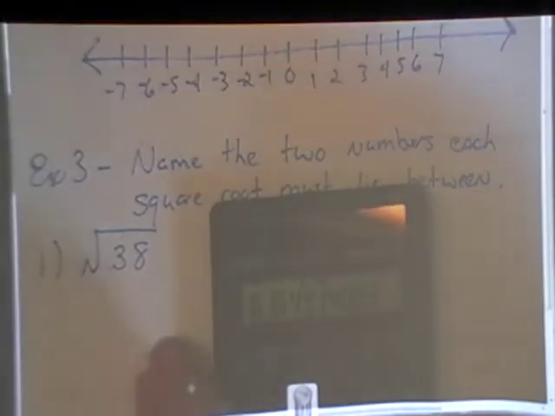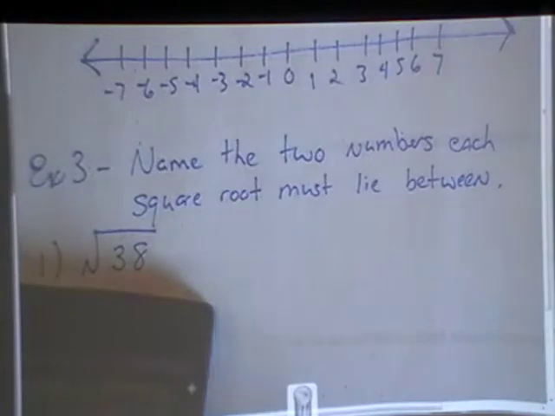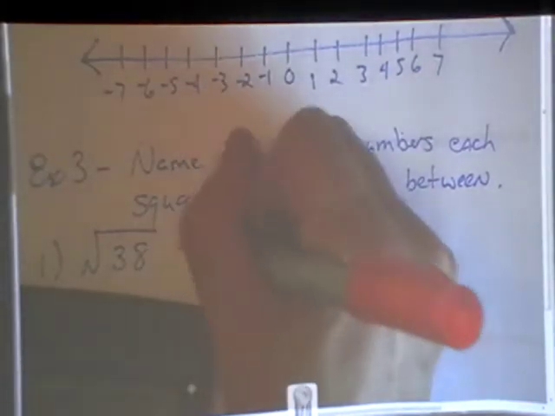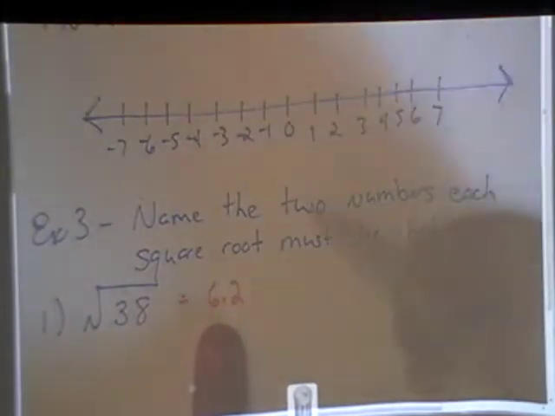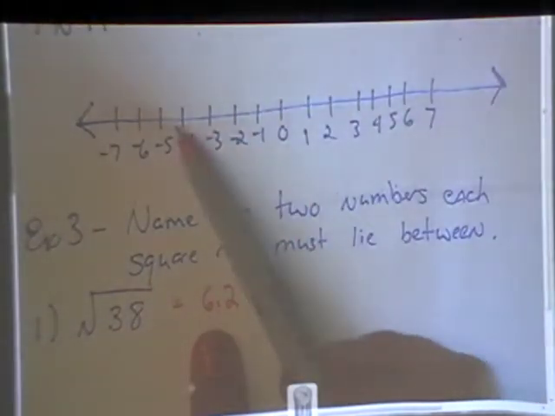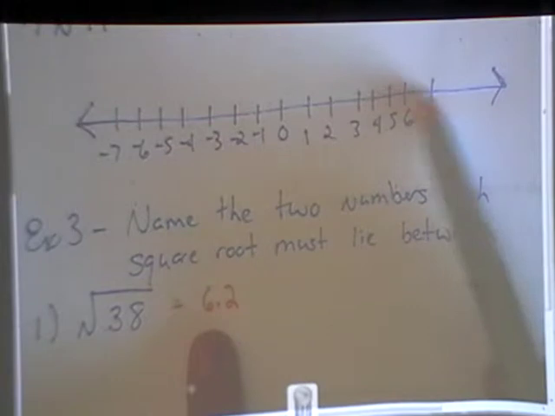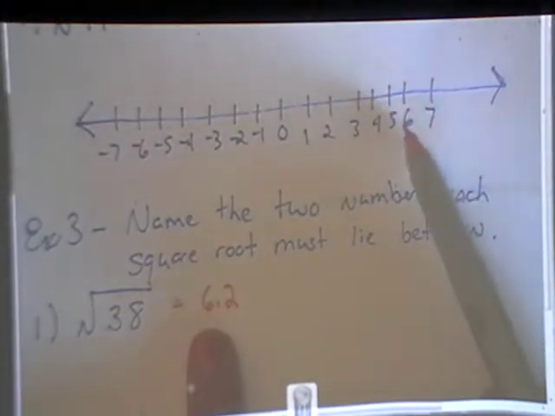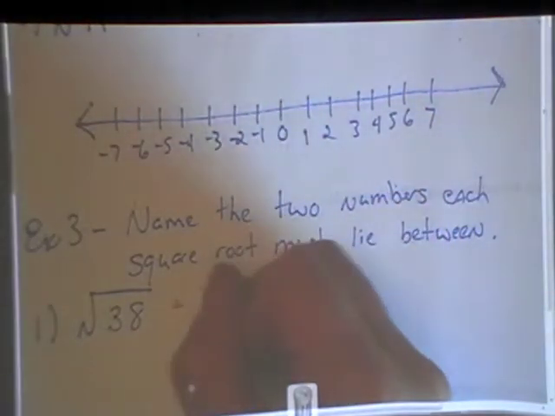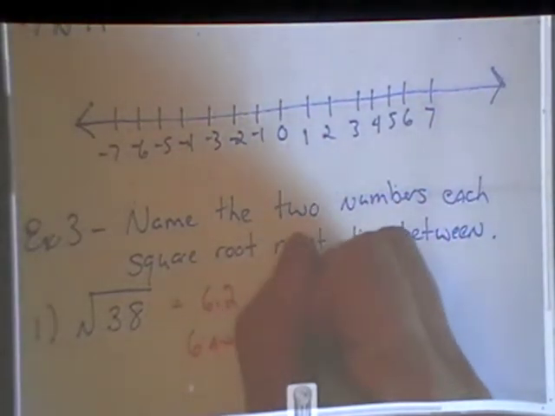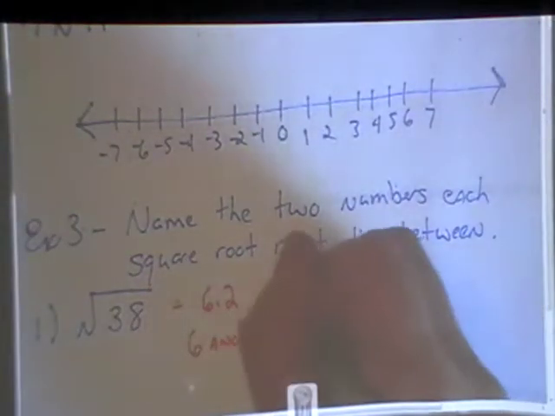So let's call it 6.2. Okay? Now look at your number line. I want to know, where does 6.2 lie between? So it's a positive number. It'd be somewhere in this range, correct? So it lies between 6 and 7. So your answer is 6 and 7. That's your answer.